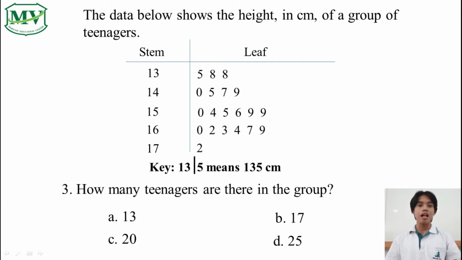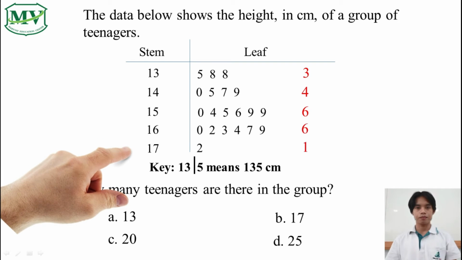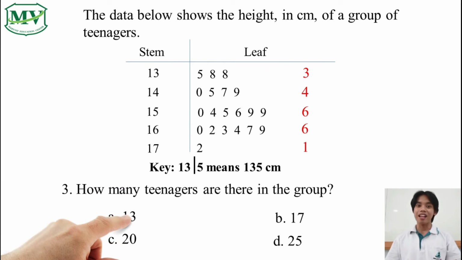Another teenager has 138 centimeters. Another has also 138 centimeters. And so on. So to answer the question of how many teenagers are there in the group, just count the leaf for each stem. How many? Right, there are 20 in total. So our final answer is letter C.